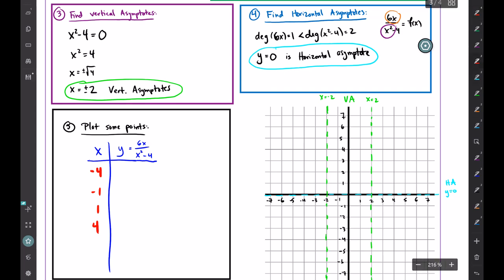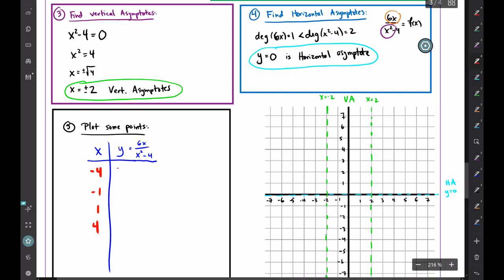Okay, so if you plug in -4 for x, then for y you'll get 6 times -4 is -24 over 4 squared, which is 16, minus 4. So that's -24 over 12, or -2. If you plug in -1 for x, you'll get 6 times -1 over -1 squared minus 4.